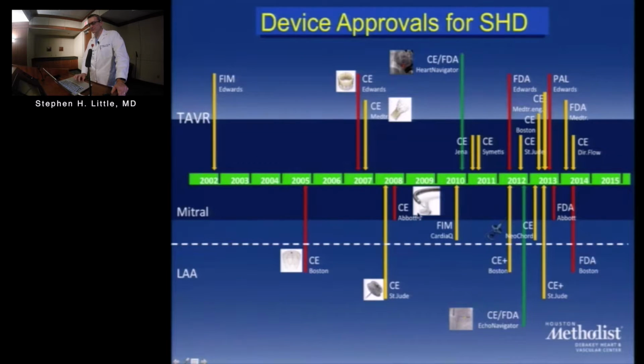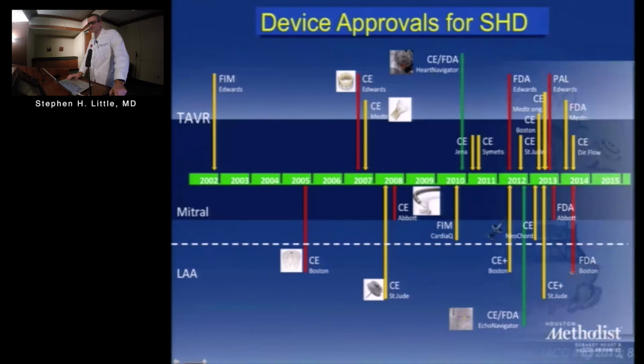The mitral space really was just the MitraClip, but now there's Cardioband, NeoChord. This slide doesn't even include transcatheter mitral valve replacement, which I'll show you in a second. And then, of course, left atrial procedures. So the structural heart intervention field is growing enormously.